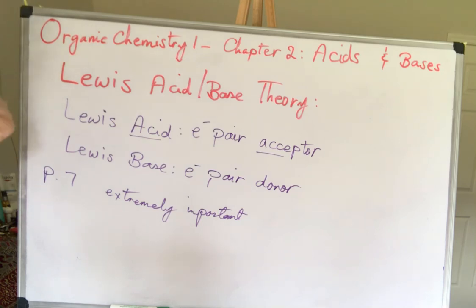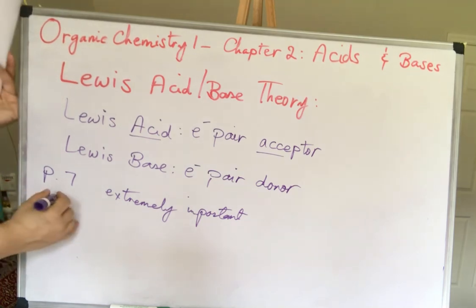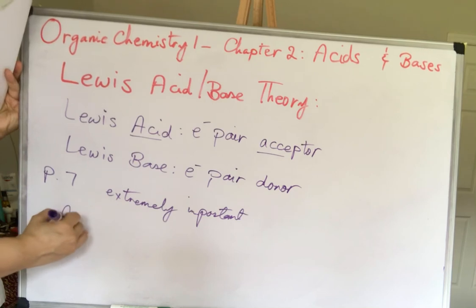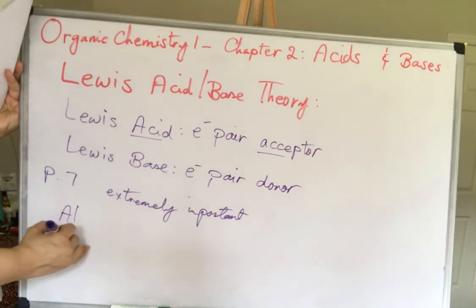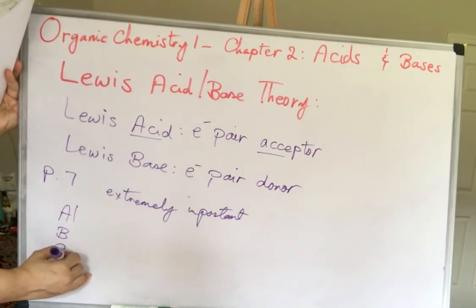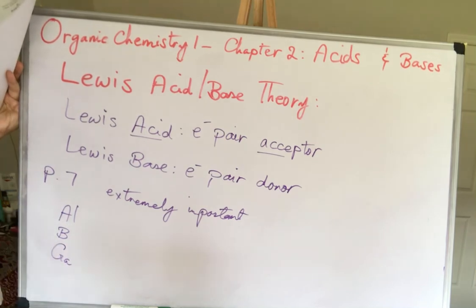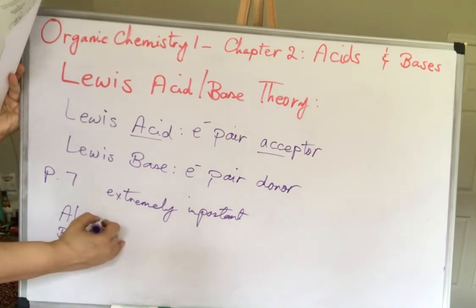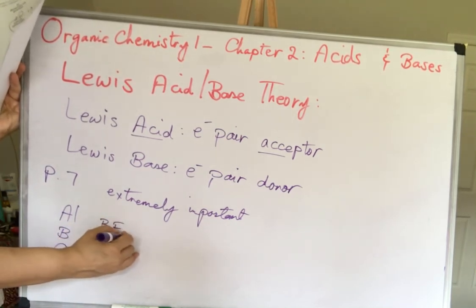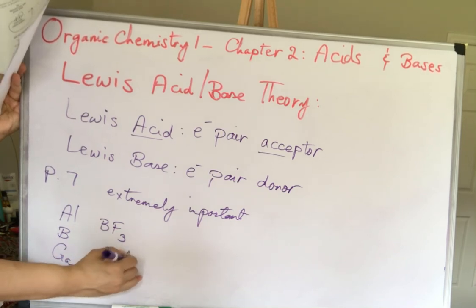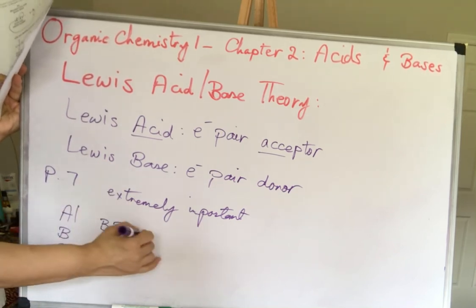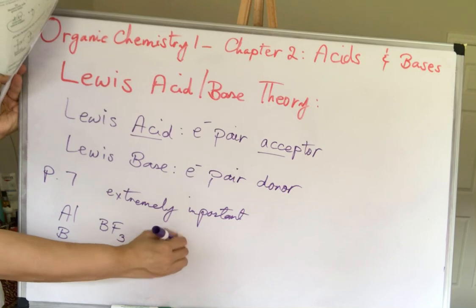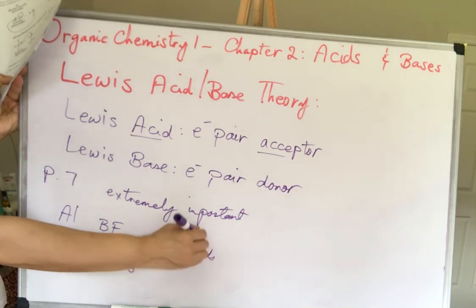An atom with a vacant orbital, like aluminum, like boron, like gallium, like transition elements, they are good. So you remember BF3 and AlCl3, they are very good Lewis acids because they can accept an electron pair.